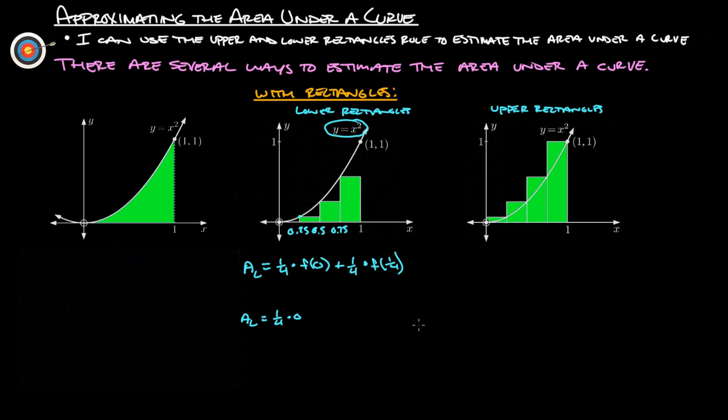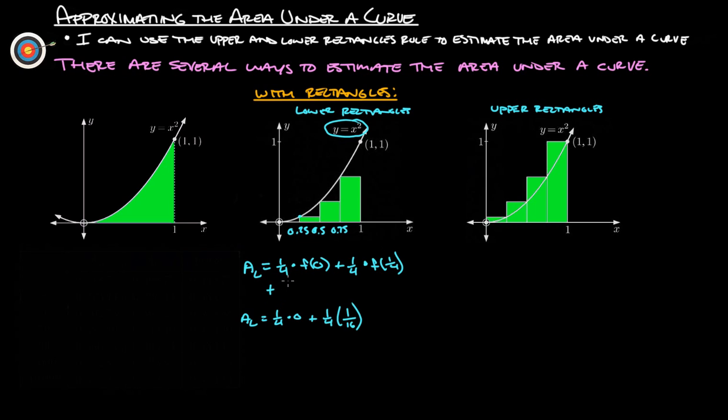So we add 1/4 of the function of 1/4. 1/4 squared is 1 squared over 4 squared, which is 1 over 16. That's the second part here.